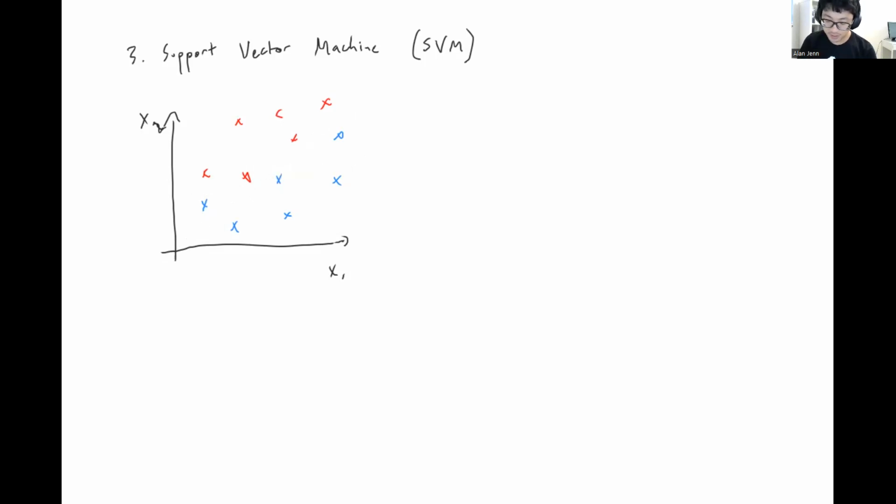But with a support vector machine, you might think about doing something like this. But in a similar way to our initial discussion, I can draw this an infinite number of ways, right?